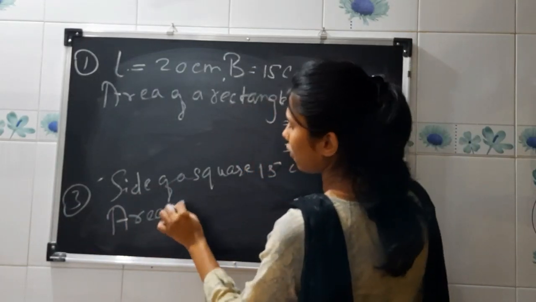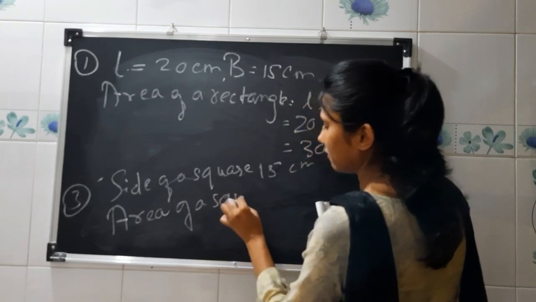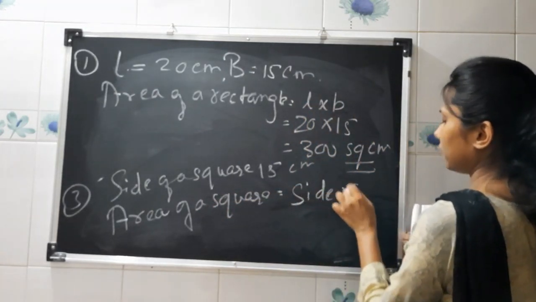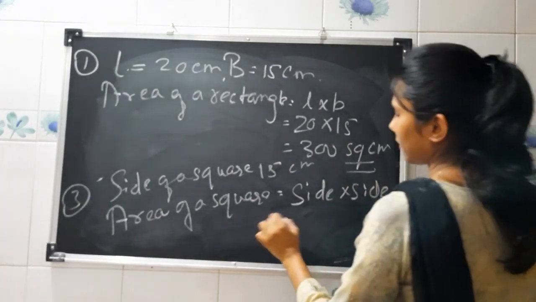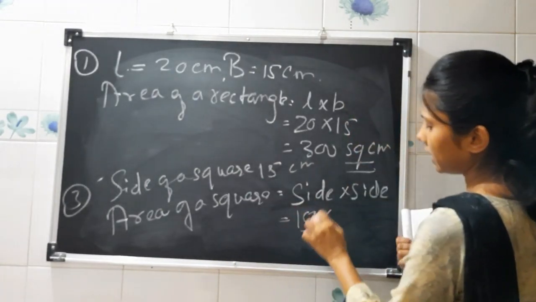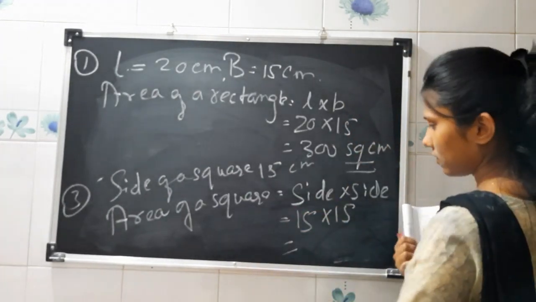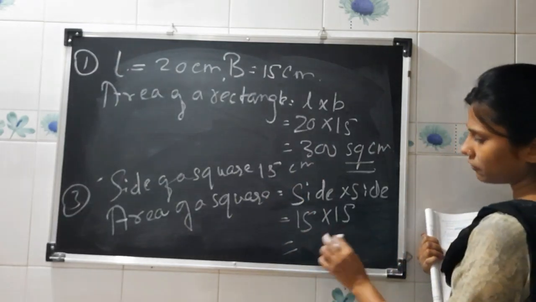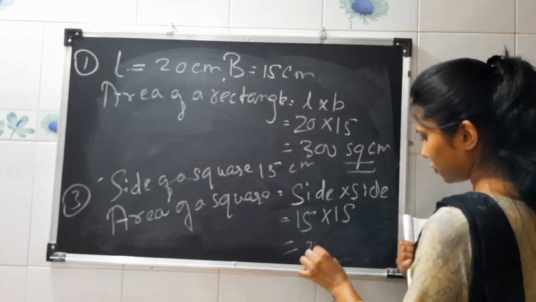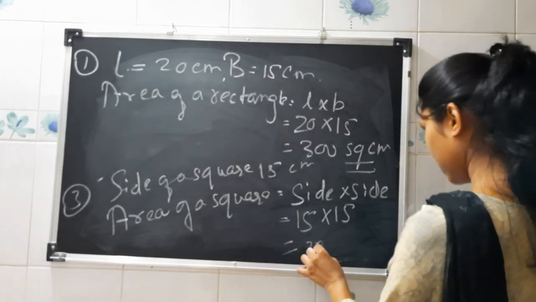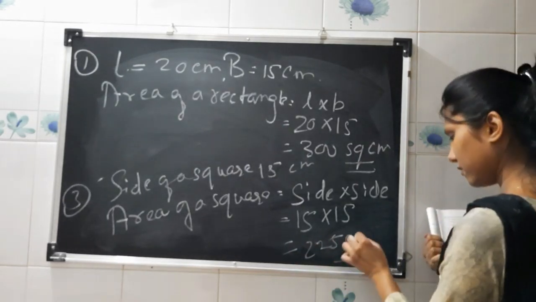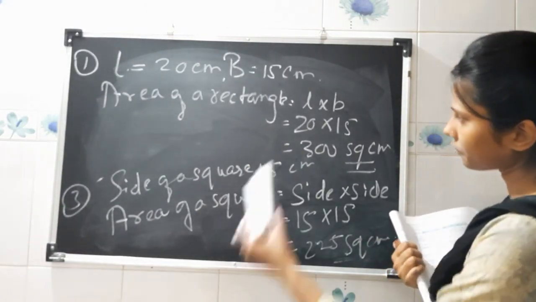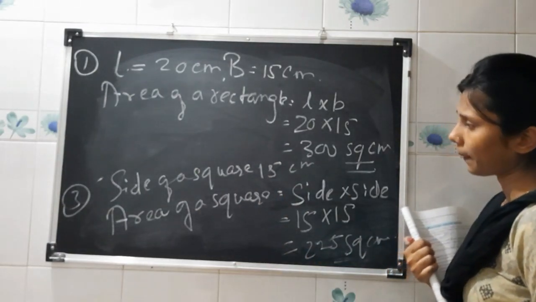So the area of a square is equal to the formula side multiplied by side. So 15 multiplied by 15. All the sides of a square are the same. So 15, 15s are 225 square centimeter. Okay, understood?